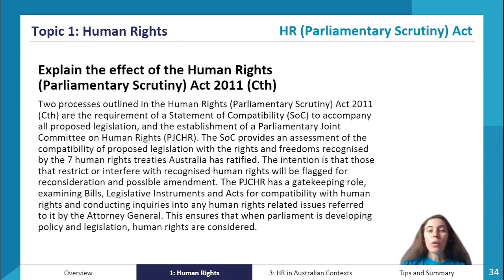Next up, let's have a look at the effect of the Human Rights Parliamentary Scrutiny Act 2011, which is a Commonwealth piece of legislation.